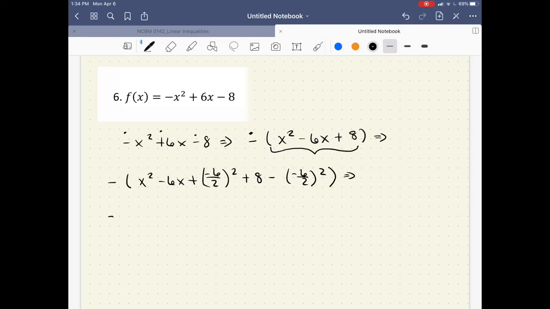Now I have negative, x squared minus 6x plus (negative 3) squared plus 8 minus (negative 3) squared.